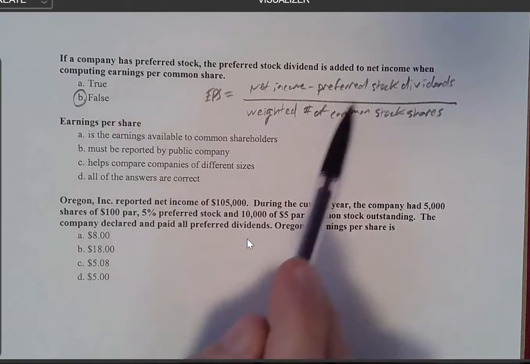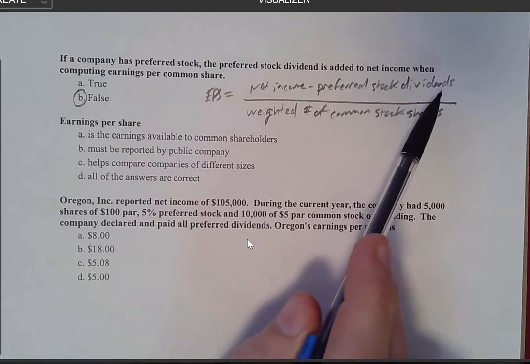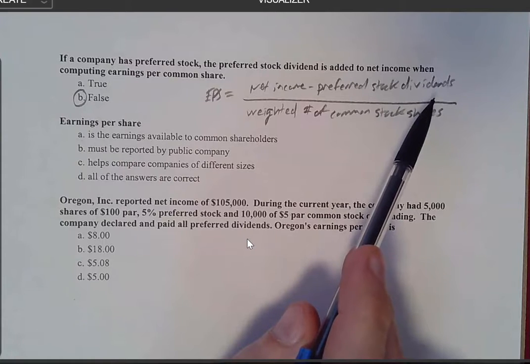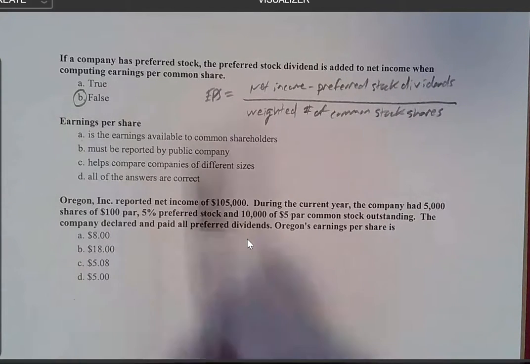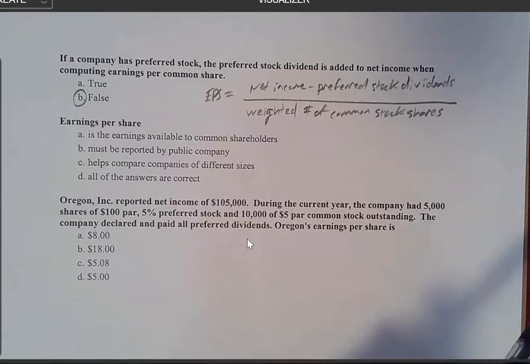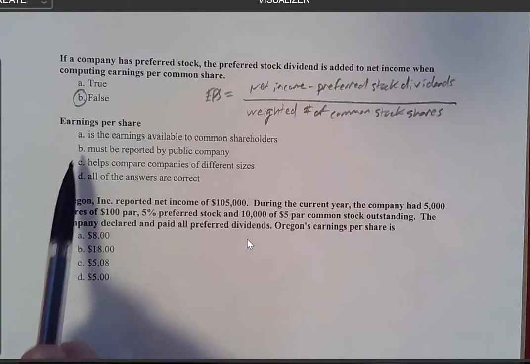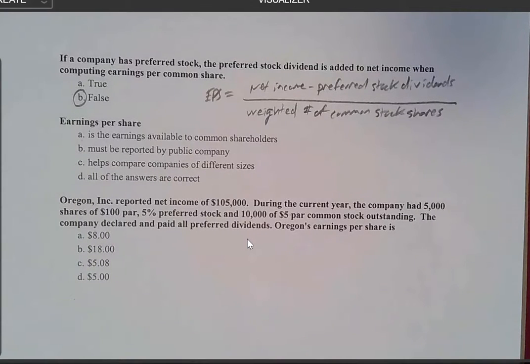When we subtract out the preferred stock dividends that are never going to make it into retained earnings, we can see that choice A is a true statement. B, must be reported by public companies. This is also a true statement. So we can see where we're going with this.